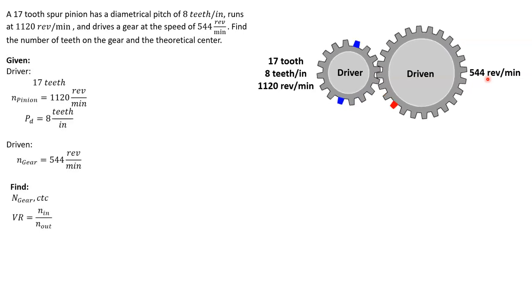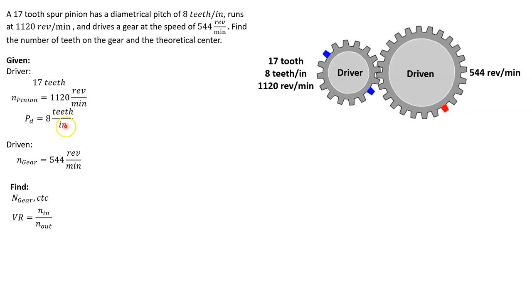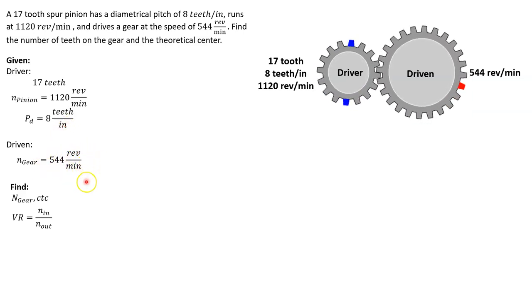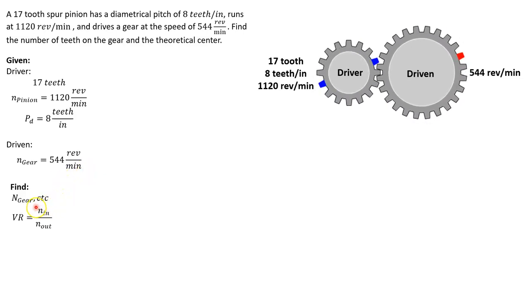What do we have given? The information for the driver: 17 teeth, the rotational speed 1120, and the diametral pitch of 8 teeth per inch. And for the driven, the only thing we know is the output speed, 544 revolutions per minute. We're being asked to find the number of teeth on the driven gear and the center-to-center distance.